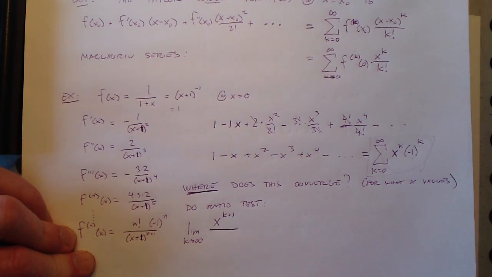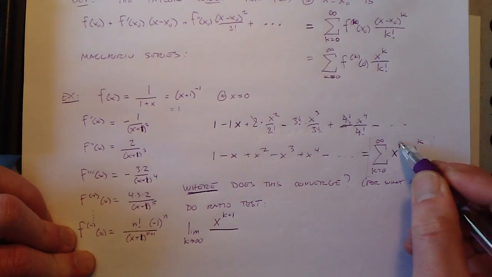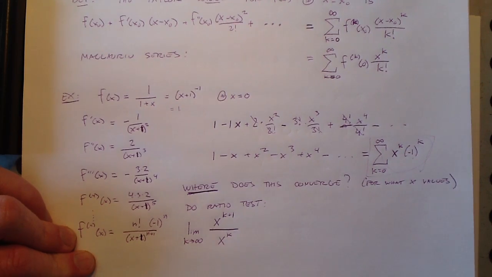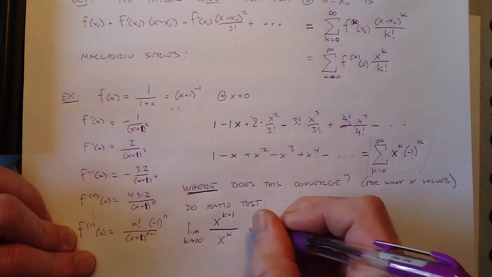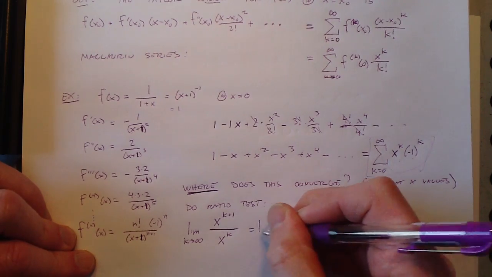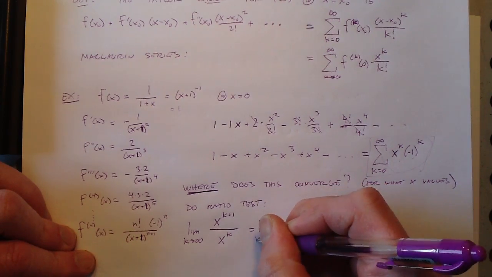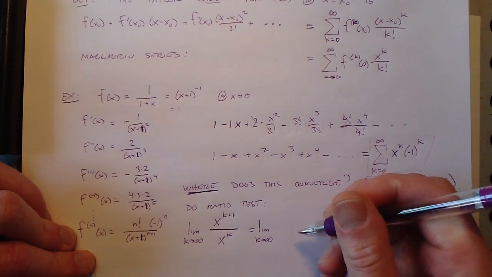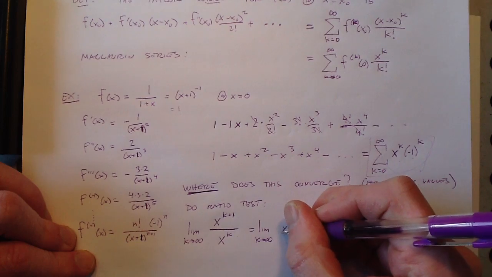We'll consider that later. And x to the k. So this is a fairly simple one. The ratio test just comes down to this. We always disregard the alternating piece. And then simplifying that, the limit as k approaches infinity of x to the k plus 1 over x to the k is just x.